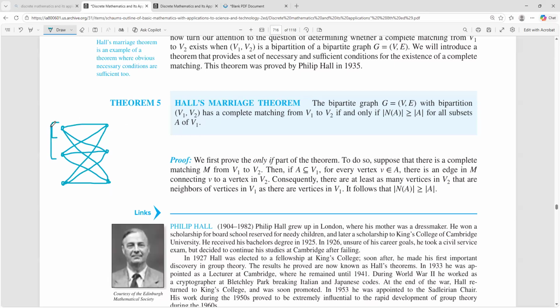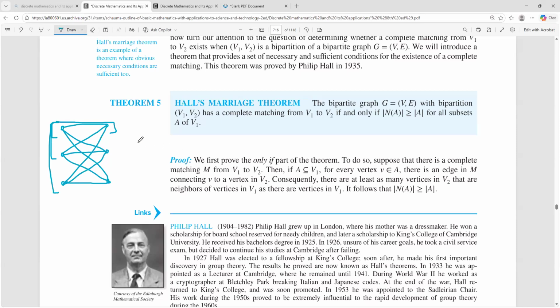Oh, I see it. A becomes this. Yep, okay.